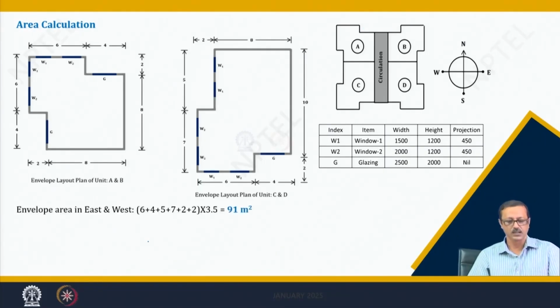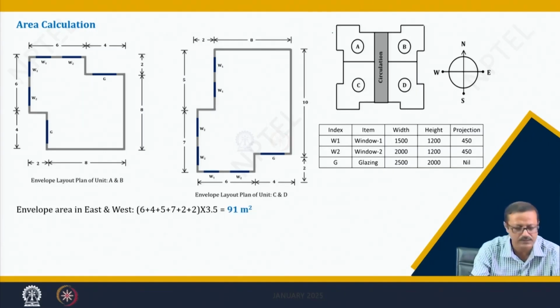east and west. So, for east and west, these are the 2 sides. This one has to be your 6 meter, this has to be your 4 meter, and then next C and D are from the second plan. So, this is your 5 meter and this is your 7 meter. So, it is 6 plus 4, 5 plus 7, and there are 2 meters, this is your 2 meter and this is your 2 meter.